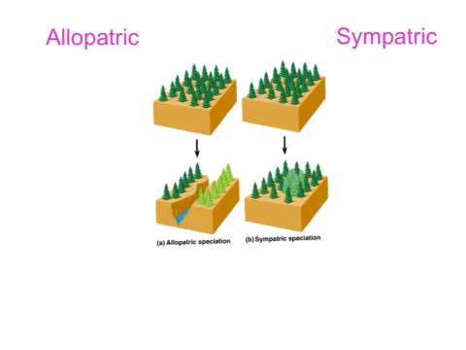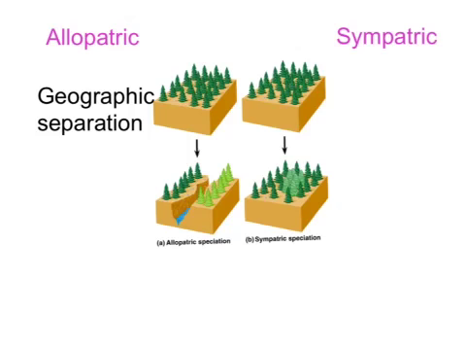Okay, so we've got two basic kinds of speciation: allopatric speciation versus sympatric speciation. And so allopatric speciation is going to occur when there is a geographic separation. So if you can see in the picture here, I've got a geographic separation between these trees.